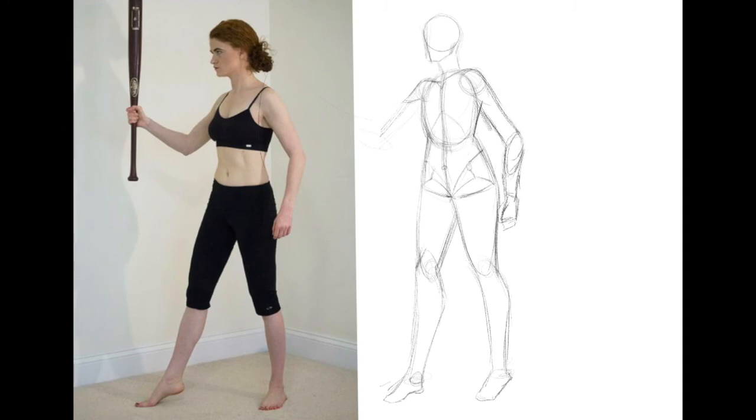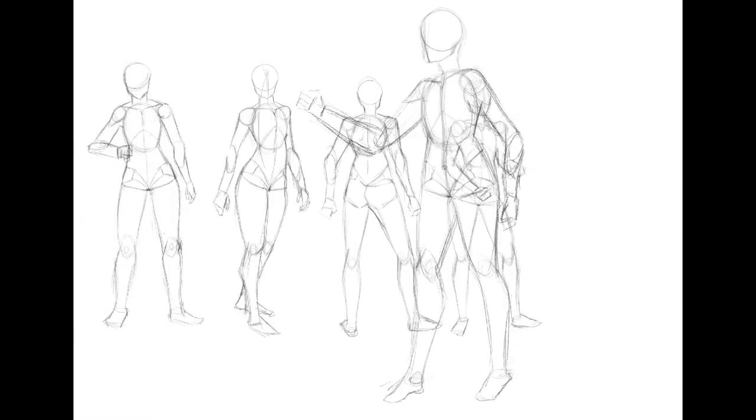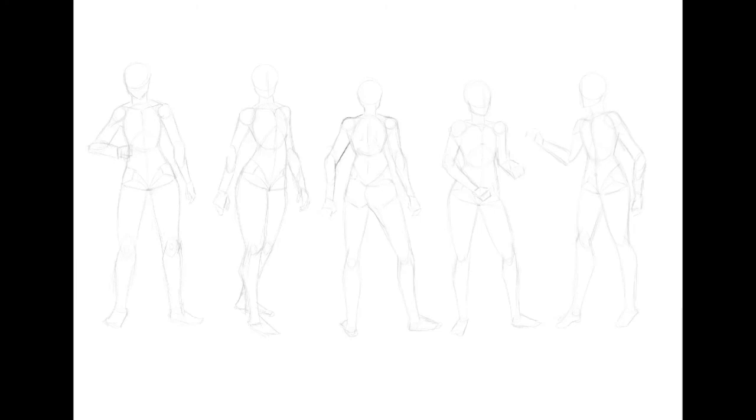References are especially helpful for drawing things from different angles because angles are hard and the human body is very complex. Even when you do break down the human body into simplified shapes, when these shapes become distorted by different poses and different angles, it becomes difficult to draw from your imagination.